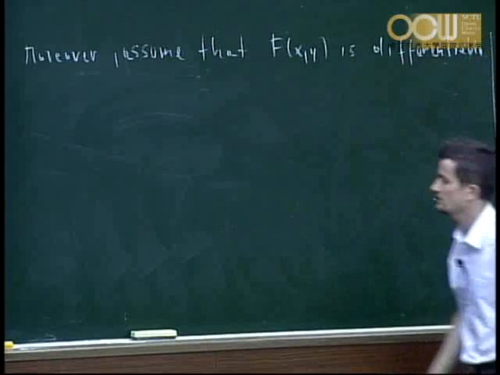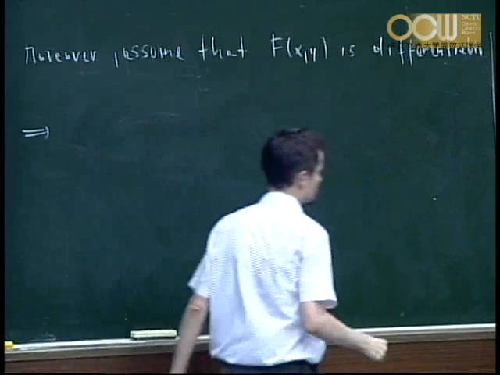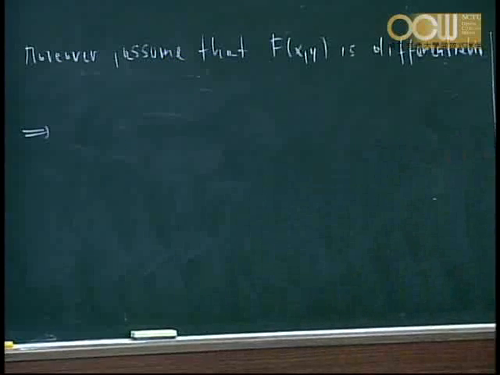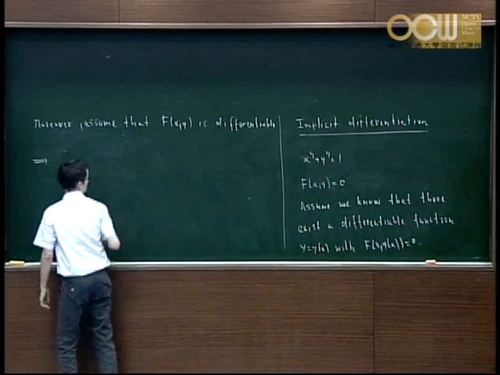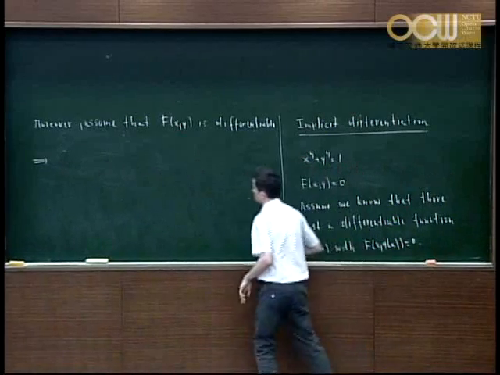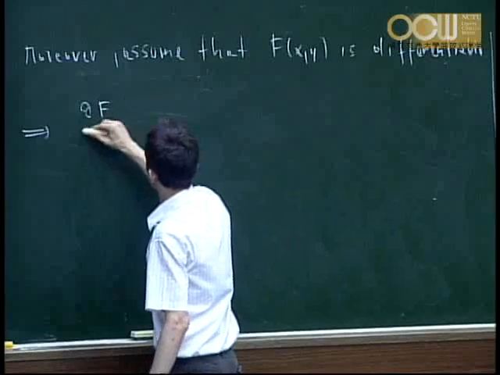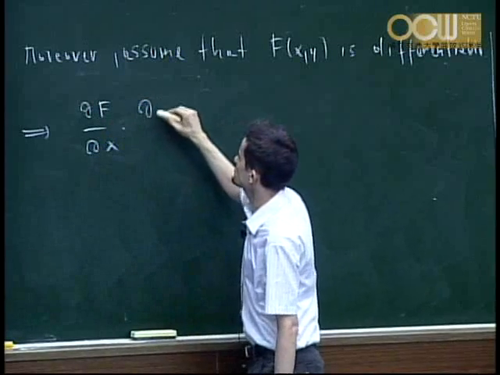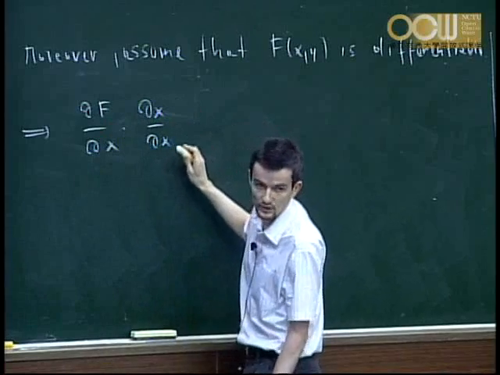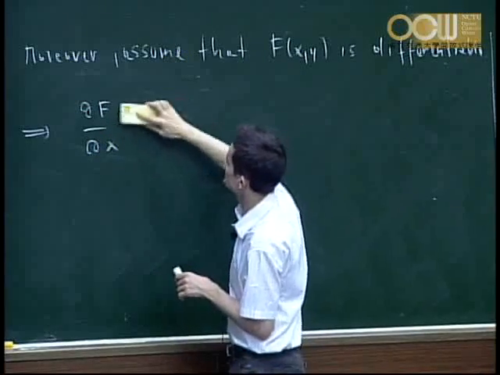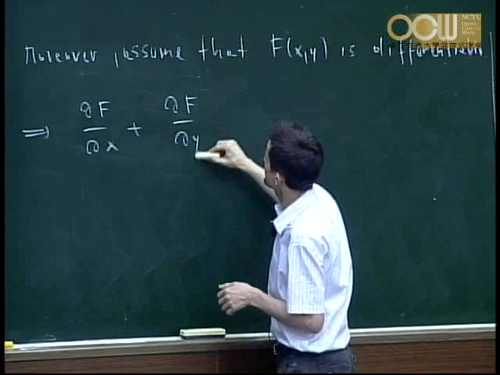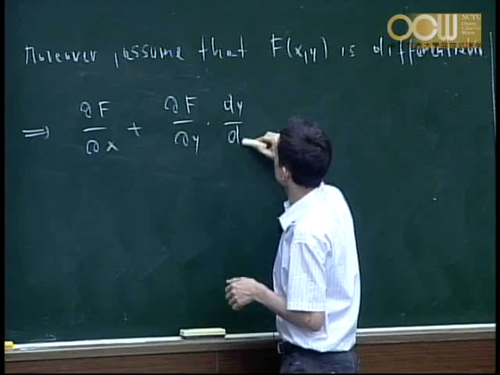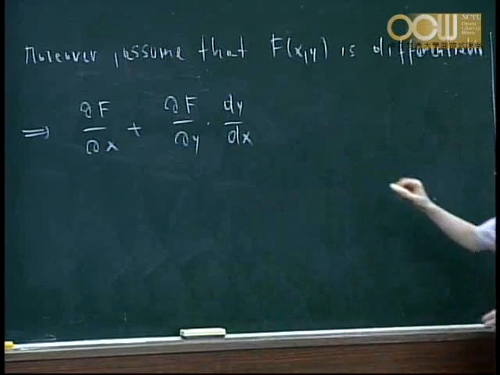Okay, then this function is differentiable, and this means we can use here the chain rule in order to take the derivative. So if we use the chain rule here, the partial derivative of f with respect to x, then actually we have the partial derivative of x with respect to x, but this is 1. So maybe I don't write this. Plus the partial derivative of f with respect to y times the derivative of y with respect to x must be equal to 0.